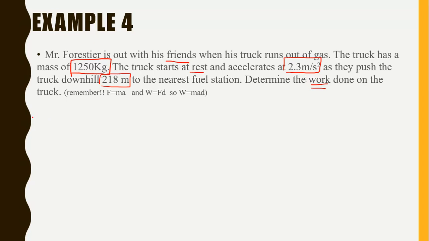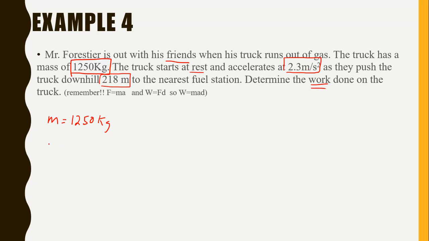So what variables do we have? We have a mass. The mass is 1,250 kilograms. Now, I'm going to be dealing with work. Work has force in it. When we talk about the mass in force, what are the units for mass? Kilograms. So I'm good here. I don't have to change anything.